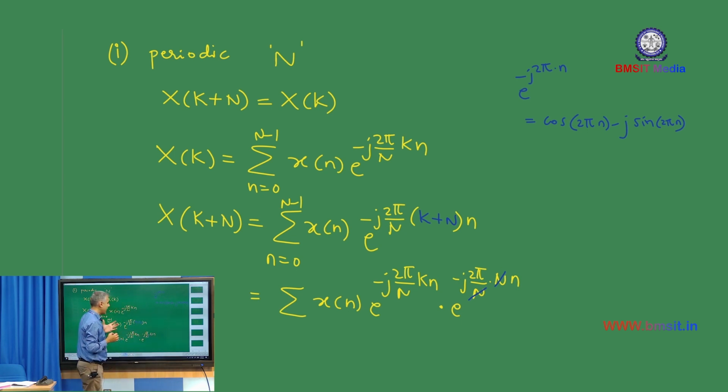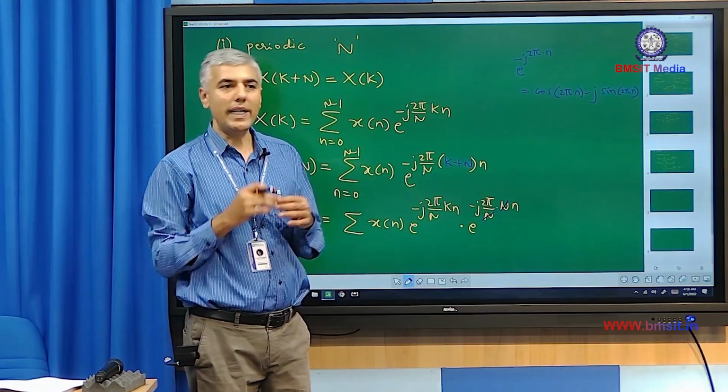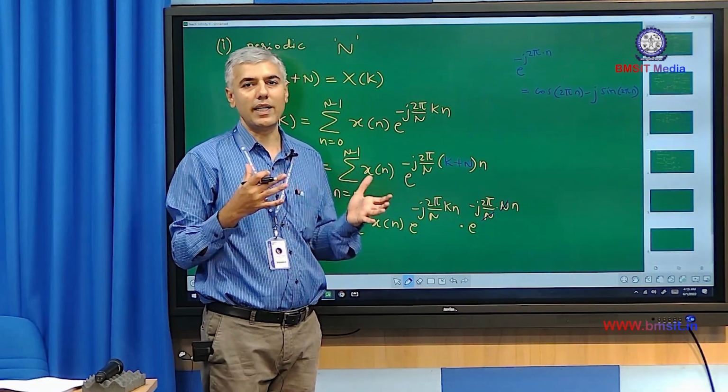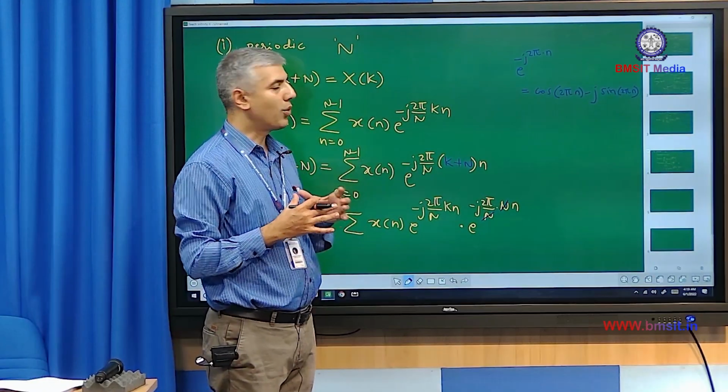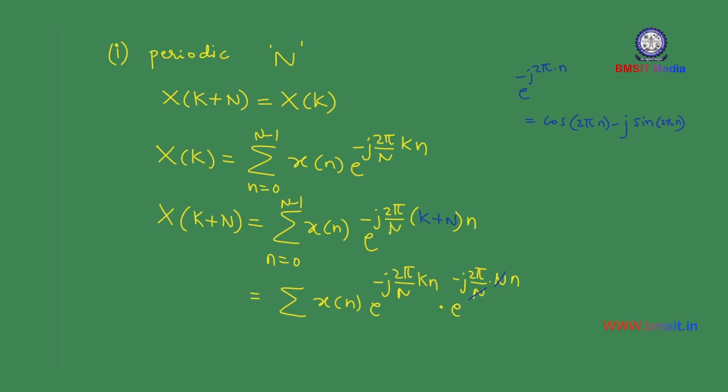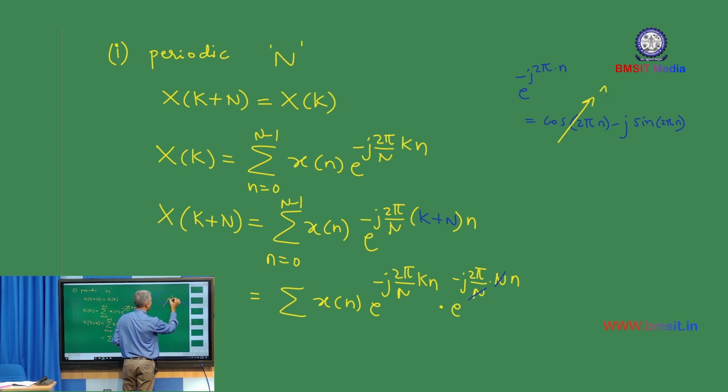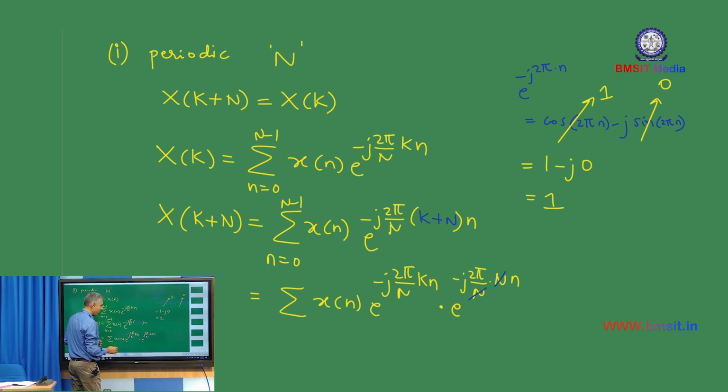What is the value of n? n always takes integer values, and an integer multiple of 2 pi is again 2 pi. So cosine of 2 pi n will always be 1, and sine of 2 pi n is going to be 0. So, we can represent this as 1 minus j 0, or in simpler terms just as 1. That means this whole term is equal to 1.